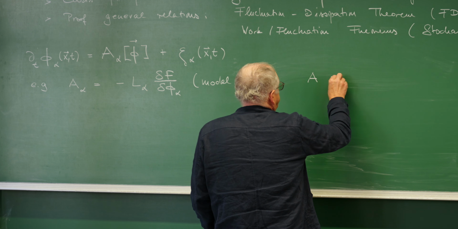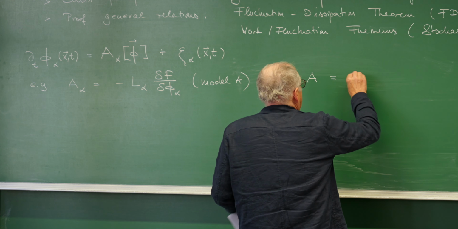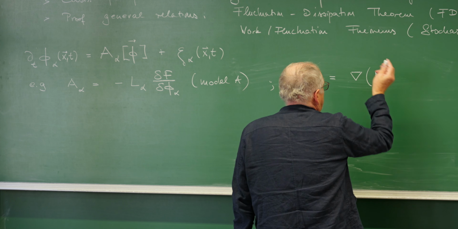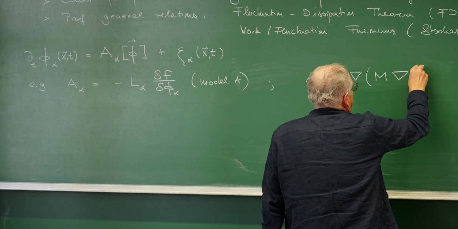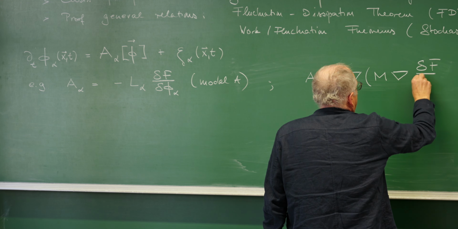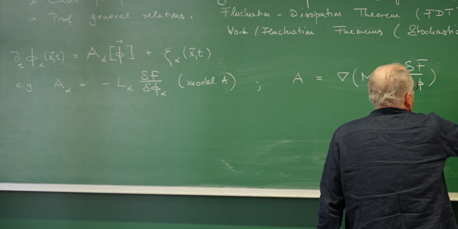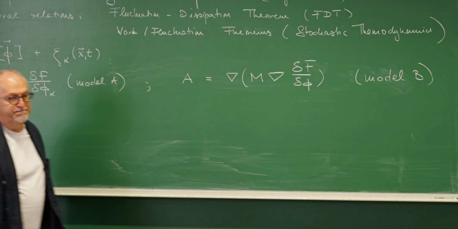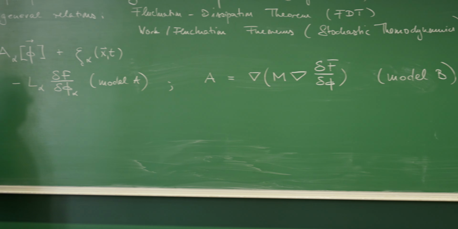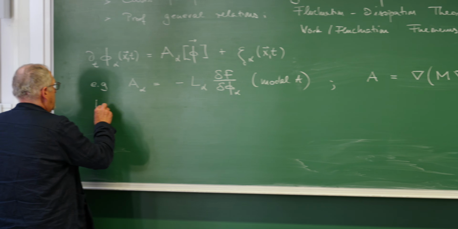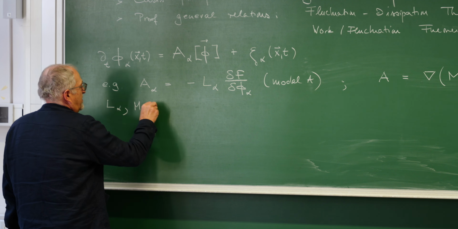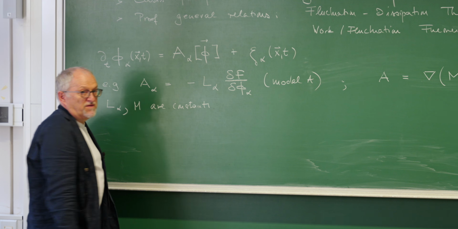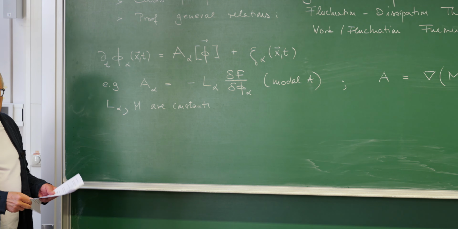So A may also be the gradient of a constant mobility times the gradient of a chemical potential, so dF d phi, and that's then a simple example of model B. And I'm assuming that L alpha and also the M are constants. If I wouldn't have that, I would have multiplicative noise, and that's what I don't want here.